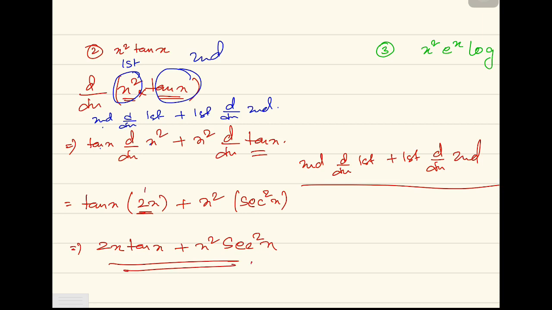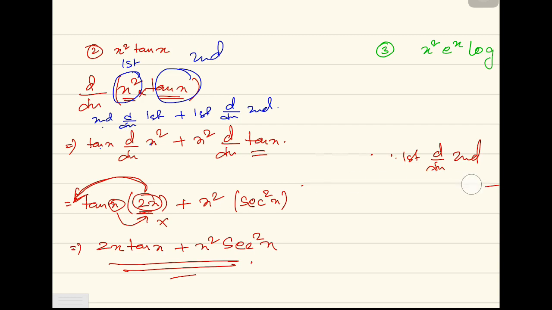Make sure you write 2x right in front only, otherwise you will make the mistake of multiplying these two, which is not correct. You can't multiply this x with this 2x. Remember that this 2x is a separate algebraic function. You need to write it right in front here. So that's the second one. Now let's go to the third one.